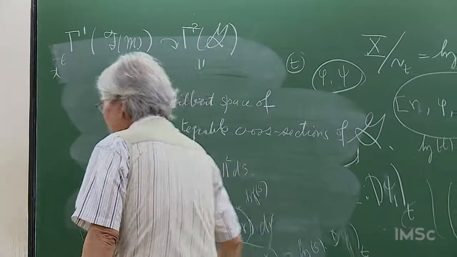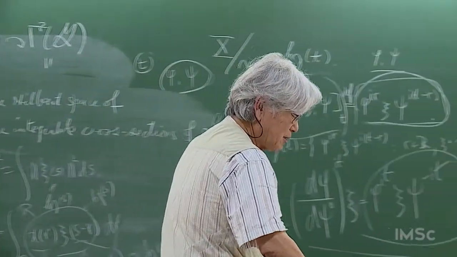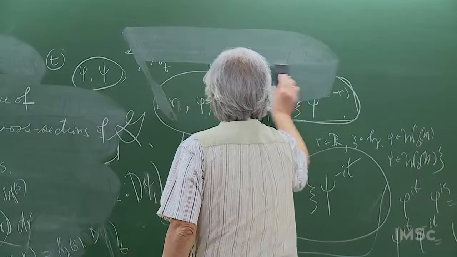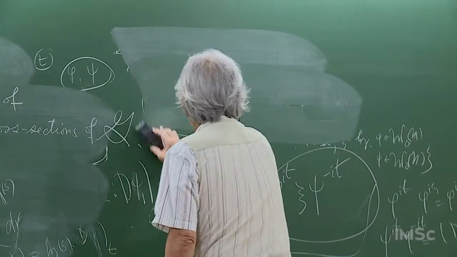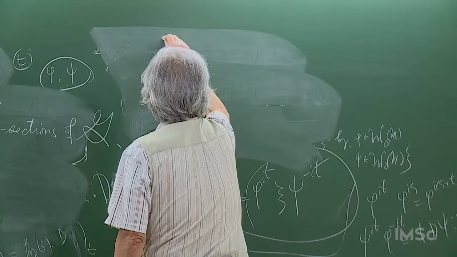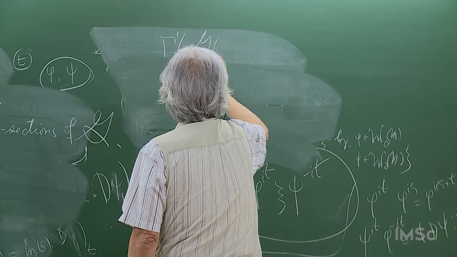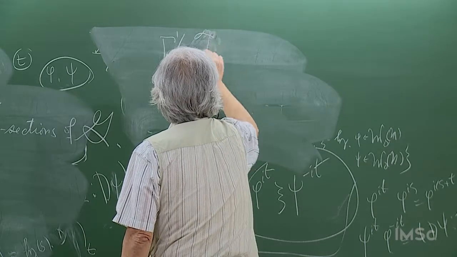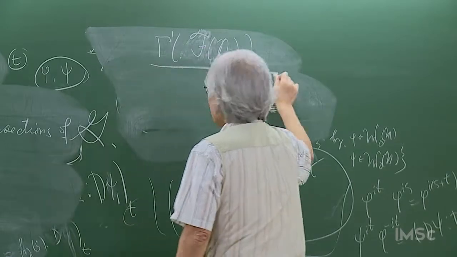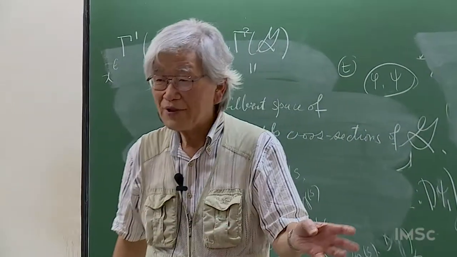And the same with y, for cross sections of gamma 1 of G, F relative to N. Then we are now operating from the right.